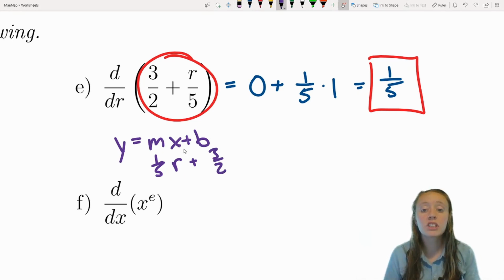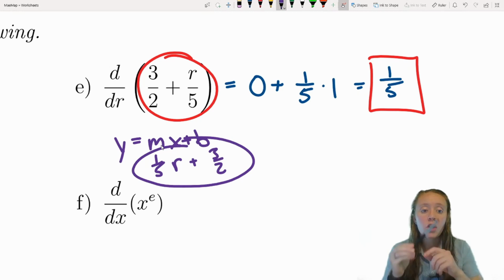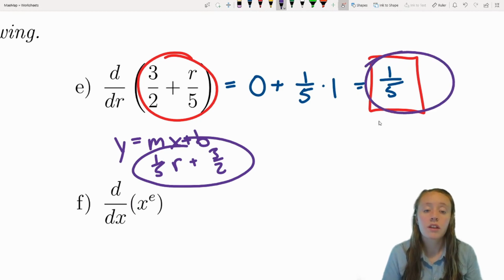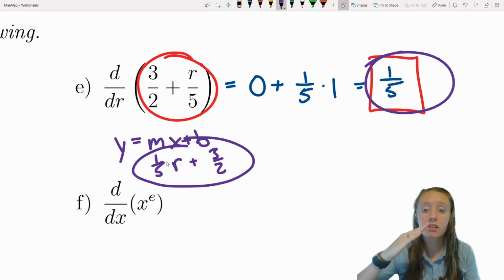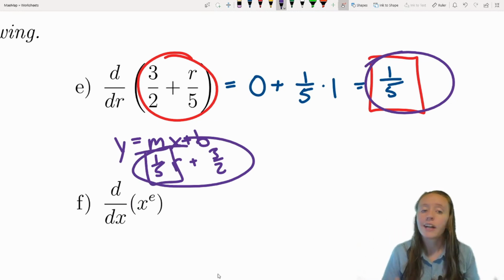So because we just have a line, we should think that the derivative is going to be the same anywhere on that line. So that's where we get, well, the slope of that line is always 1/5. So the derivative is always 1/5. This is just something to think about, a note to make to try to tie different things together.